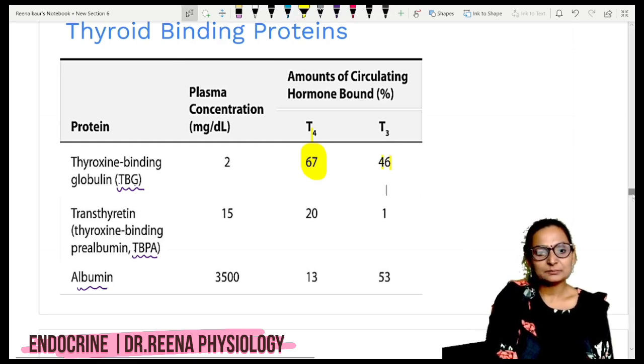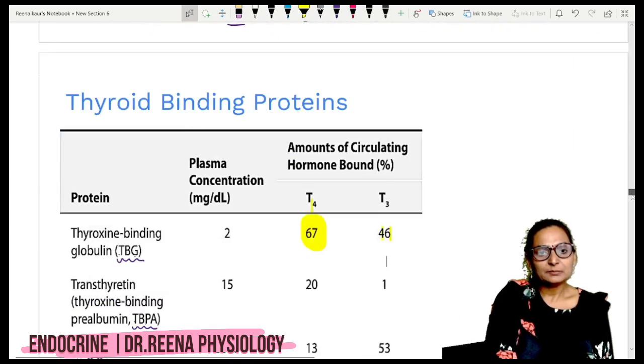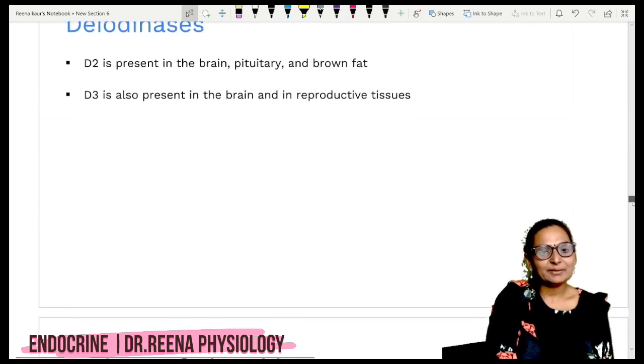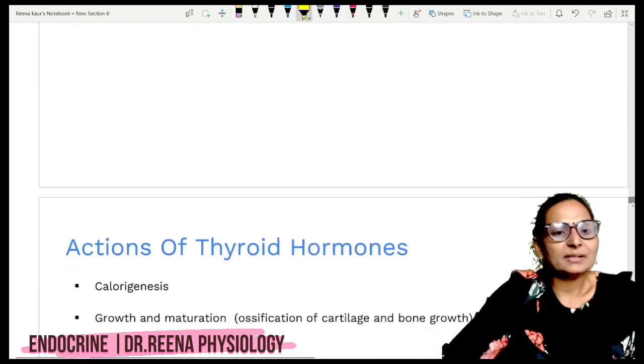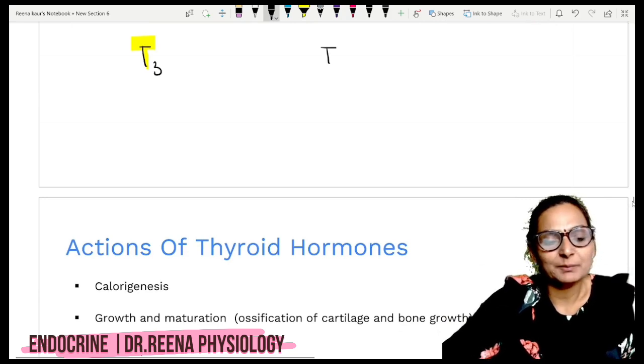Next important one is, what is the difference between T3 and T4? This is very important.